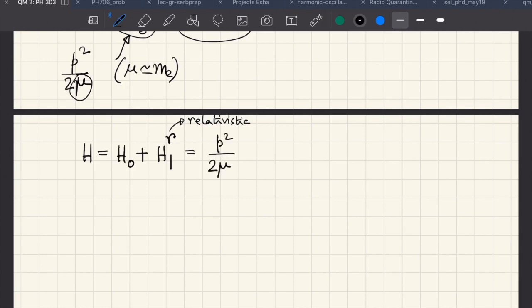Instead of writing p subscript e, we are writing just p because we do not want to complicate things with all the subscripts now. And then we have minus e squared by 4 pi epsilon naught r. That was our h naught. And then we have this minus p to the power 4 over 8 me cubed c squared.